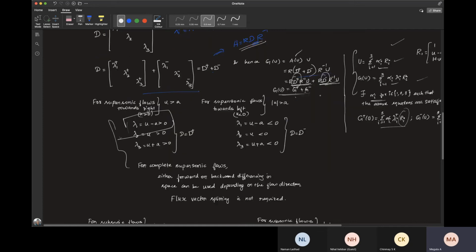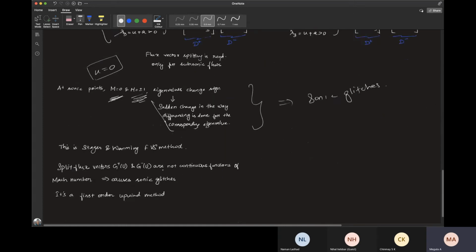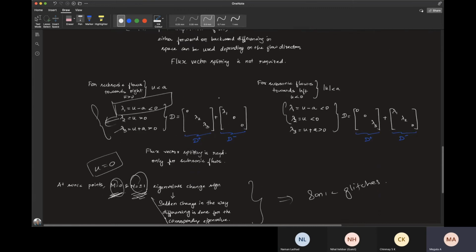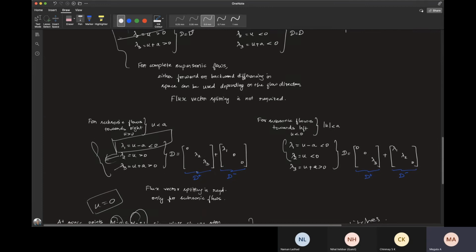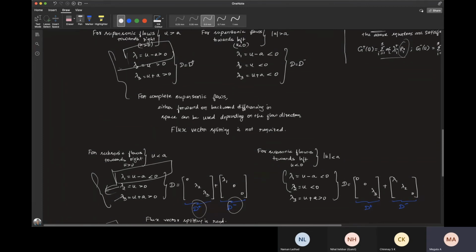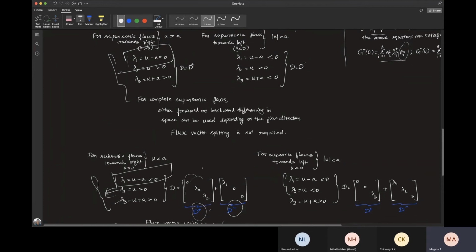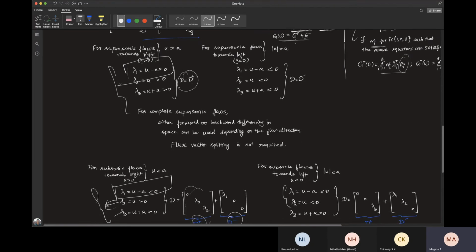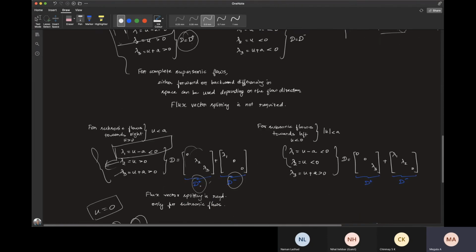So this matrix D plus and D minus changes when subsonic and supersonic flow change. When m is plus or minus 1 and when m is 0, D plus is different for subsonic flows and for supersonic flows. D plus is actually D for supersonic flows, and for subsonic flows it's different.